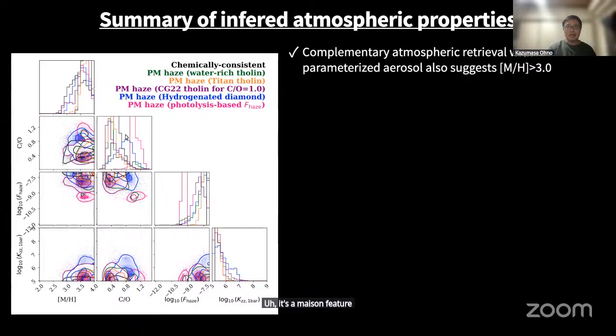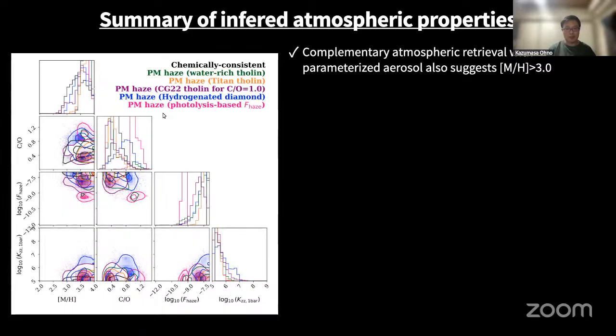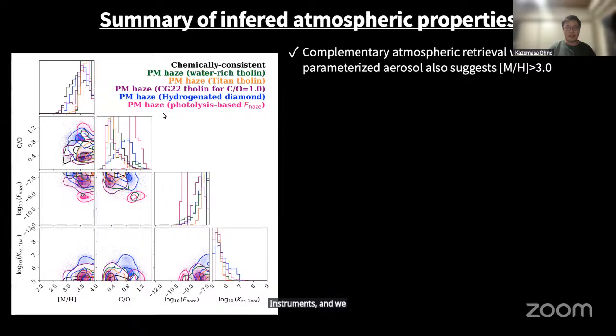And actually, there is some unknown offset between the NRS1 and NRS2 filters in the NIRSpec instrument. We needed to make such an unknown offset an additional parameter, which can somehow mimic the relative strength of the CO2 feature, because the offset can artificially enhance the CO2 feature.